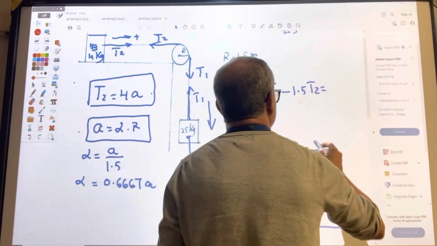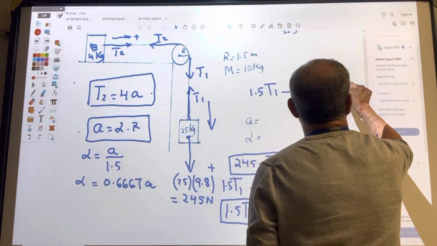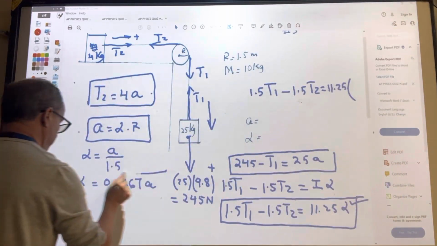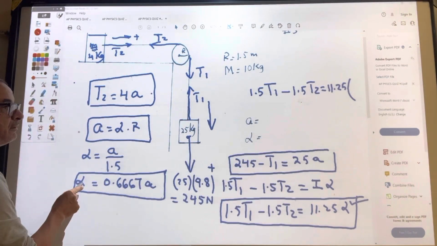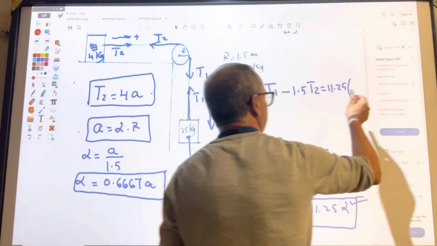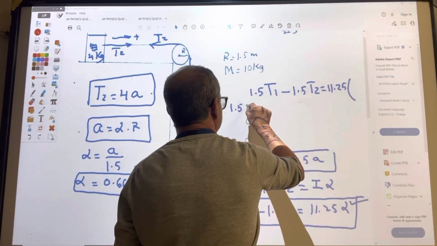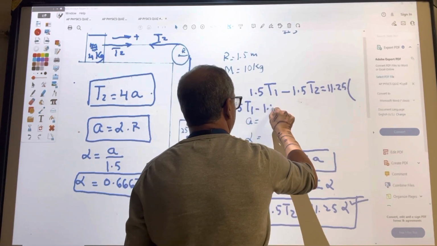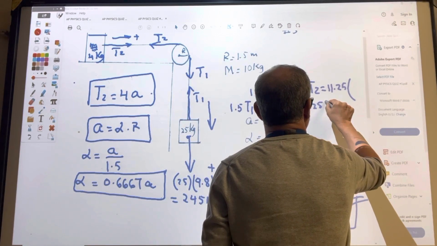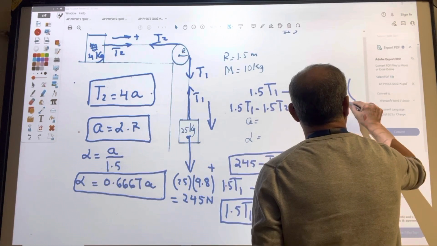All right, so equals 11.25, and then multiply that by this. You're going to replace alpha by 0.6667. All right, so let me just do it over here because I have space. 1.5 T1 minus 1.5 T2 equals 11.25 times 0.6667.